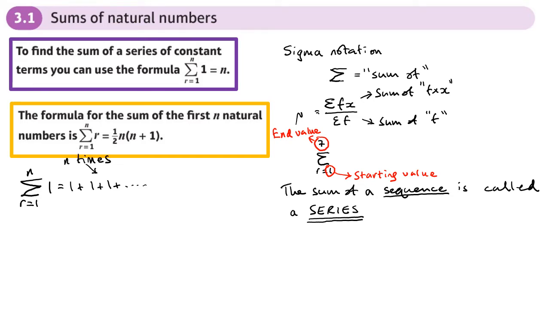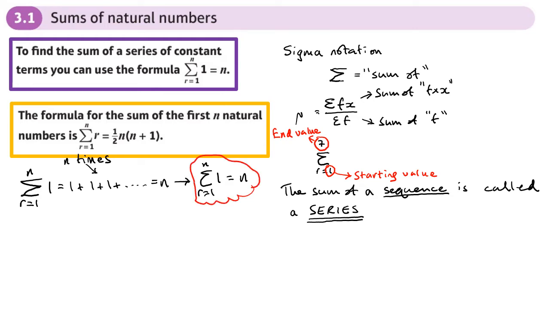Because the top number is n, and it tells you how many times to add the ones together, and that is just equal to n. So the sum of r equals 1 to n of the number 1 is just n. If you add n ones together, you get the number n. So that's the first one.